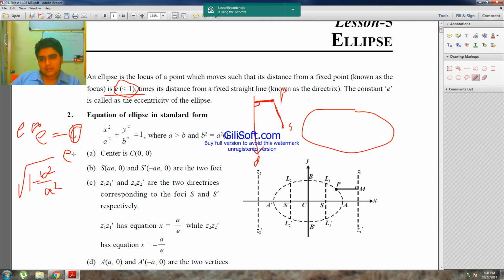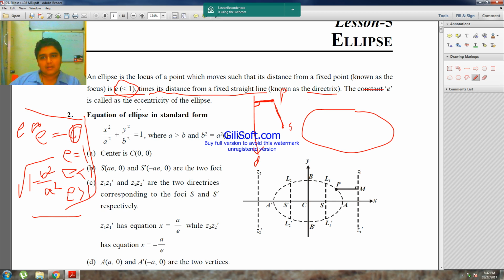This being 0, this is equal to 1, and the eccentricity of an ellipse is less than 1, as we mentioned over here, and the eccentricity of a hyperbola is greater than 1. We've already studied this, I shouldn't really discuss it again. And its distance from a fixed straight line known as the directrix, we already know this.